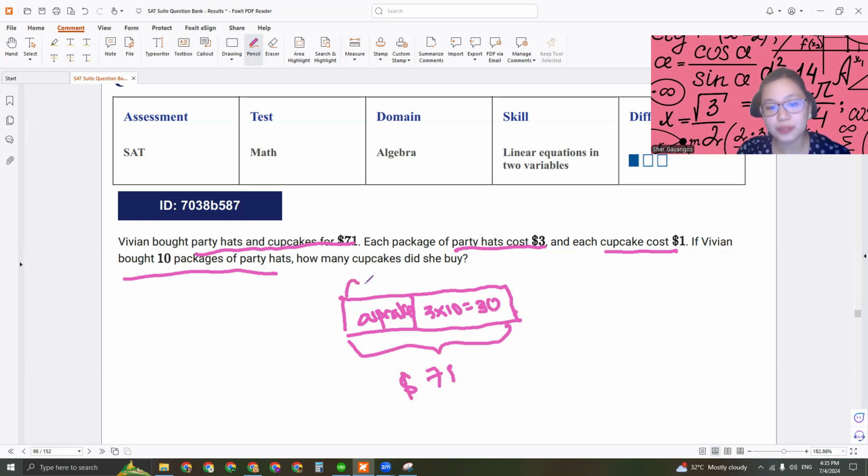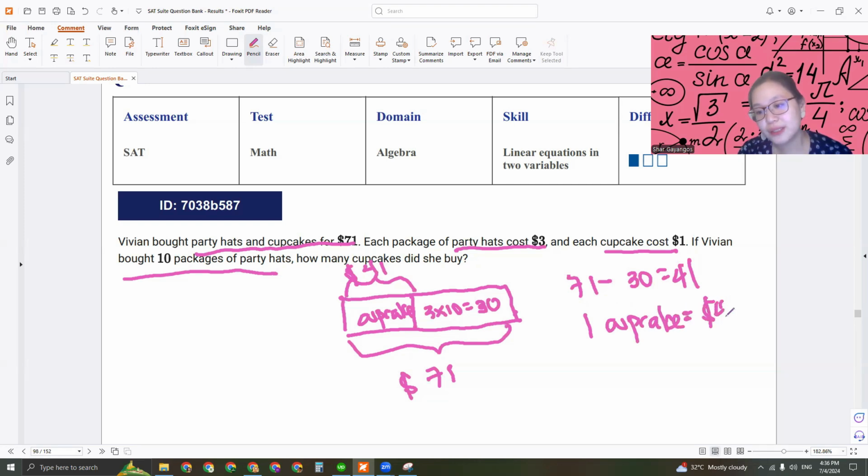For that to be true, this should be 71 minus 30, which is equal to $41. And again, one cupcake is $1, so 41 cupcakes will have to be $41.